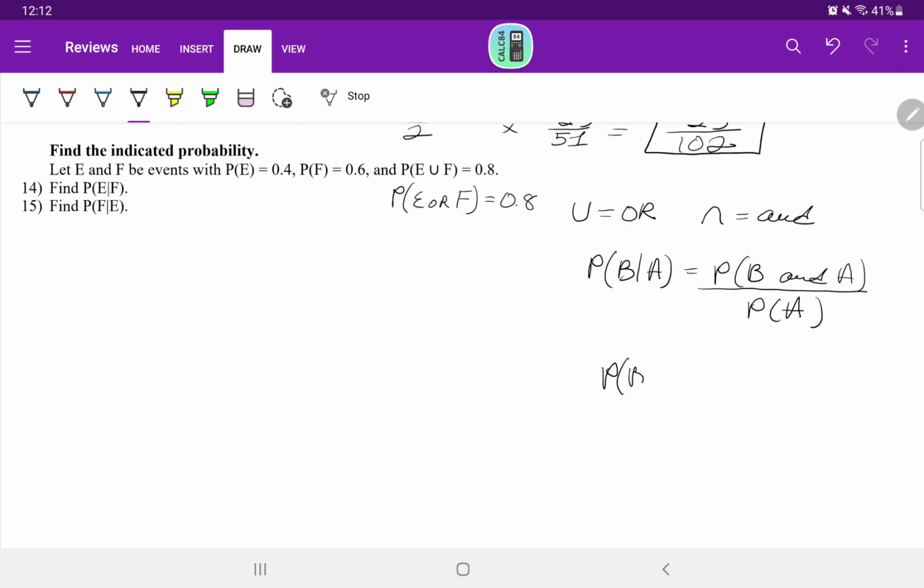The probability of B and A is the same thing as saying the probability of A and B. They're the same thing.